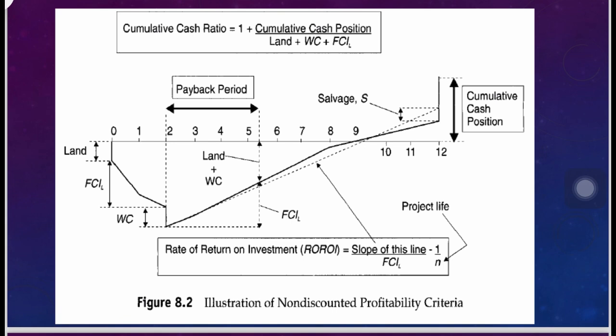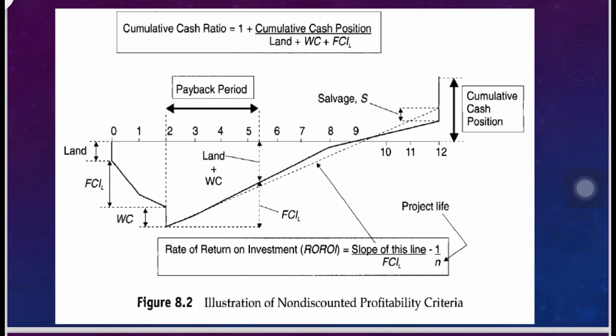So this is the illustration of the non-discounted profitability criteria. So you have the payback period, and then the CCR and the CCP. So the CCP, as you can see, is at the end of the project life. The rate of return on investment is the slope in which the line is already becoming positive.